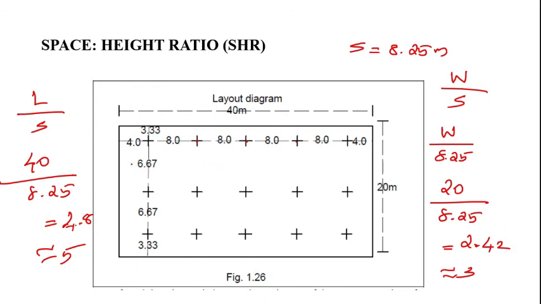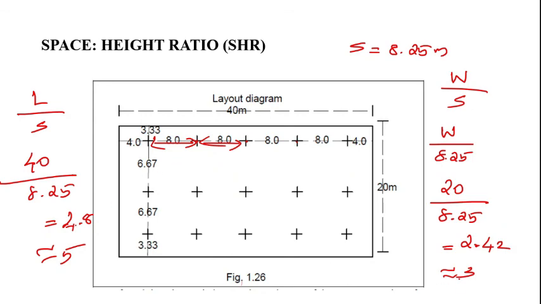So my layout diagram of the luminaires will be as shown in this figure, 8 meter, 8 meter, 8 meter. So 3 and 5, right?